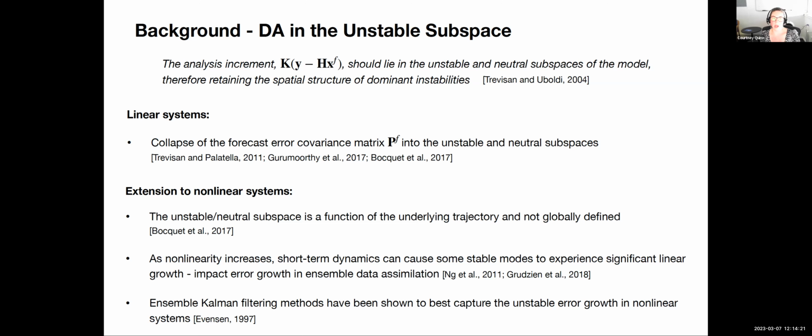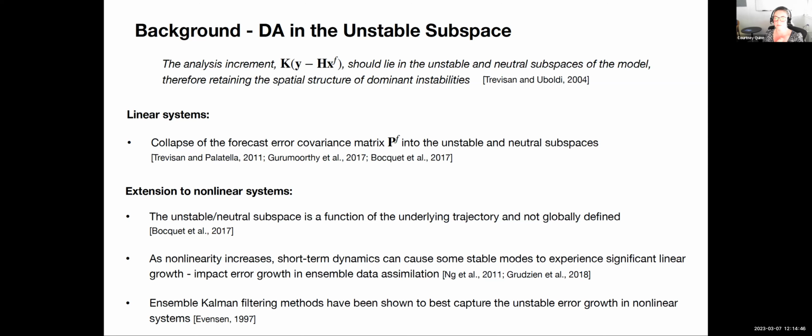And so what has been done somewhat recently is that this has been extended to nonlinear systems. Okay? And in nonlinear systems, it gets a bit more complicated because the unstable and neutral subspace is actually a function of your underlying trajectory, right? We know that our propagator changes as we move along an attractor in a nonlinear system.